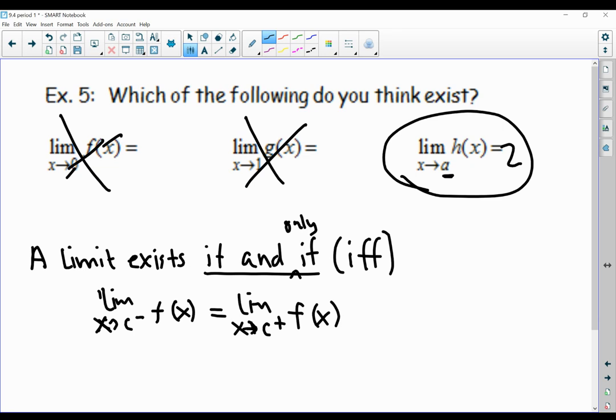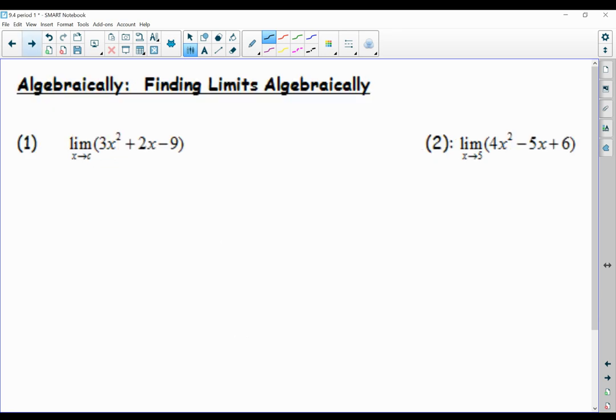What we're going to focus the rest of this lesson on is how do we find limits without a graph? So how do we find limits algebraically, and how do we find limits numerically? And then we're also going to talk again a little bit about that indeterminate, that 0 over 0 case, which isn't the same thing as saying a limit doesn't exist. It just says we don't have enough information to determine if a limit exists or not.